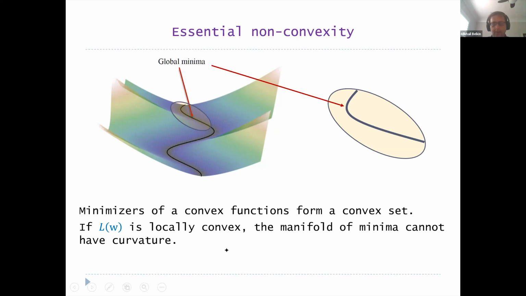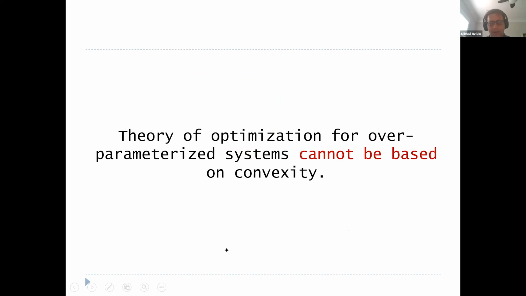Okay, so I think the summary of this is that the theory of optimization for over-parameterized systems cannot be based on convexity. I think that's an important conceptual step. Now, it's easy to say it cannot do this, cannot do that. What should it be based on?